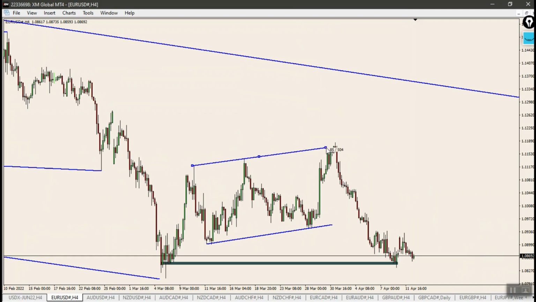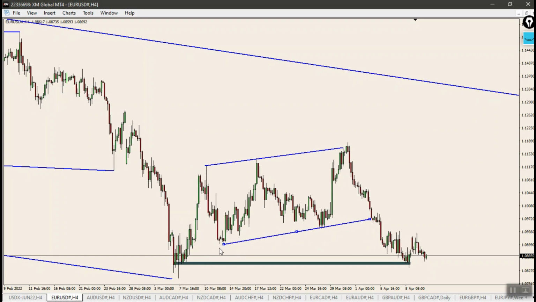And if we accommodate for the recent 2 touches, it makes much more logical sense if you build it this way. I mean, you could go and build the structure going this way, and perhaps call it a channel. Either way, you're not going to lose.